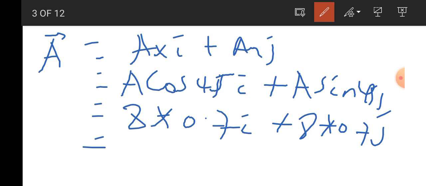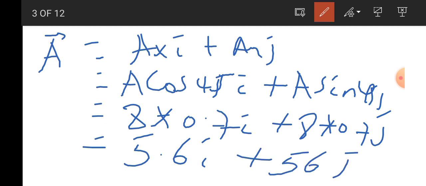So this is equal to 5.6 in the I direction plus 5.6 in the J direction. This is vector A.